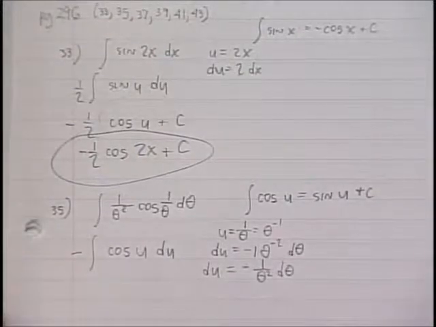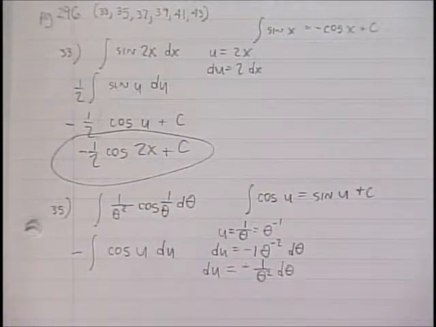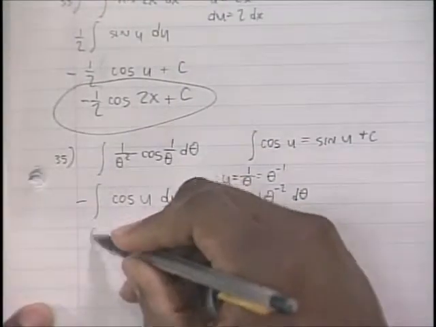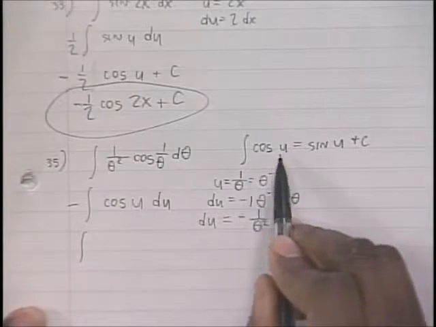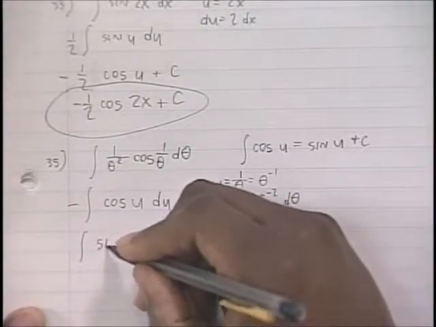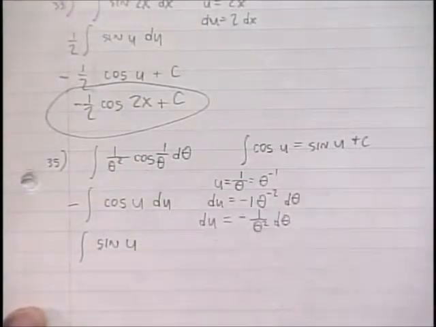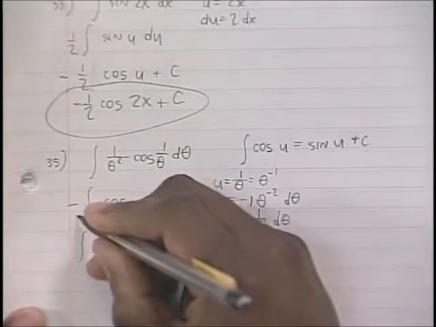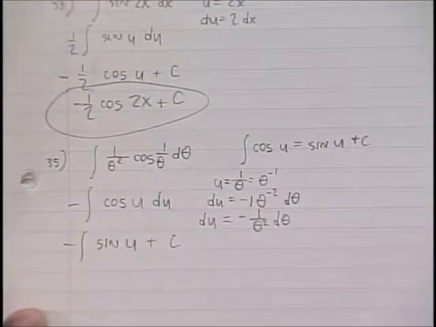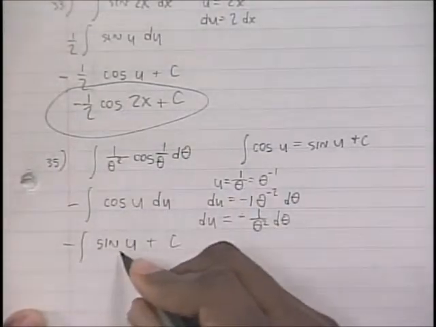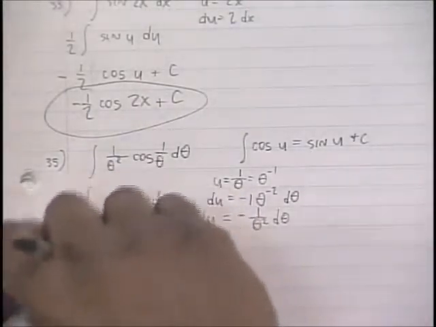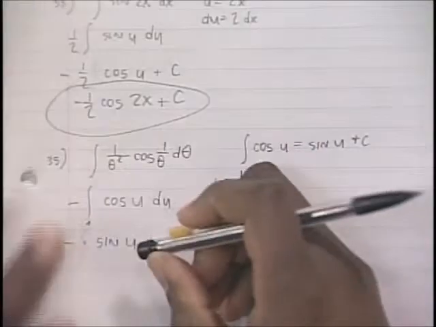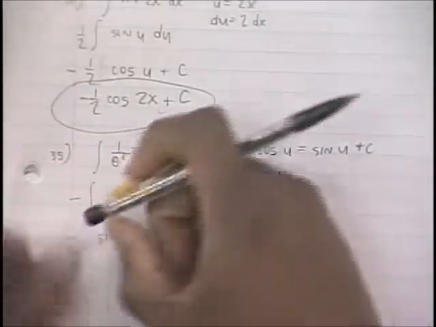Now you need to take the antiderivative of the cosine of u. And you know that the antiderivative of the cosine of u is the sine of u plus c. Let's drop that negative down. Forgive me, the antiderivative of the cosine was sine.